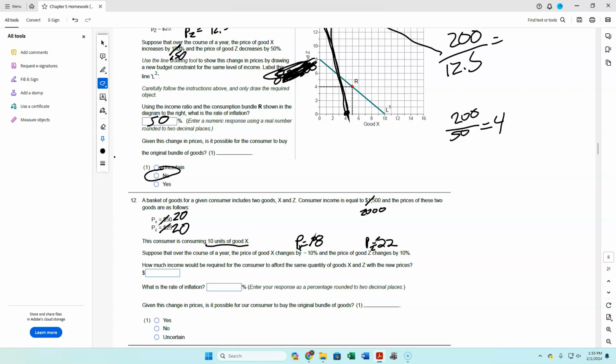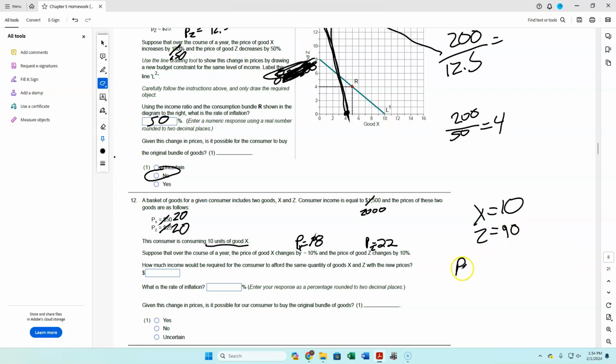Then if X equals 10, which is what we're told right here, then Z would have equaled 90. How do I know that?